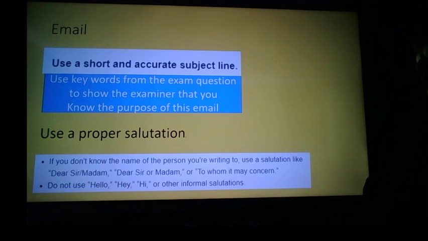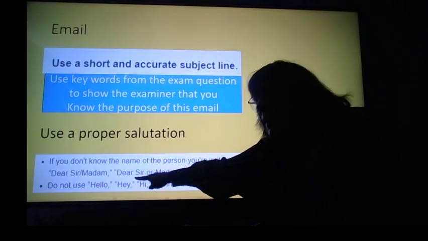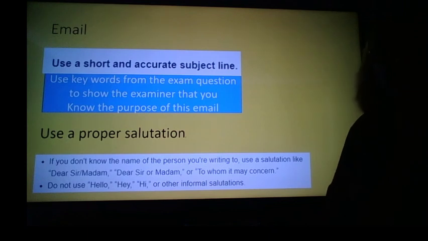So don't use hello, hey or hi or other informal greetings unless you're writing your email to your friend, in which case you will open it differently. And do you notice that in a more formal email, you've got the start Dear just like we have in a letter. So that's how you can tell the difference between your formal email and your informal email.